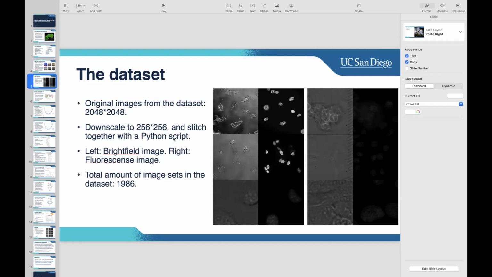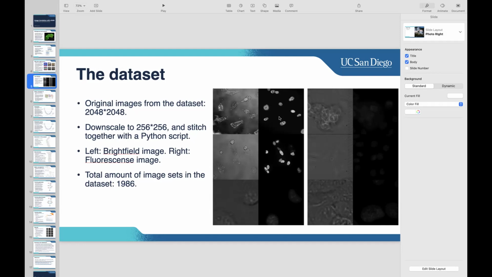And you chose to reduce the resolution versus just a smaller field of view because why? Because I think either will work, but I'd like to preserve more cells to show, maybe that will bring a better result. But yeah, I think either will work. Yeah. Okay.